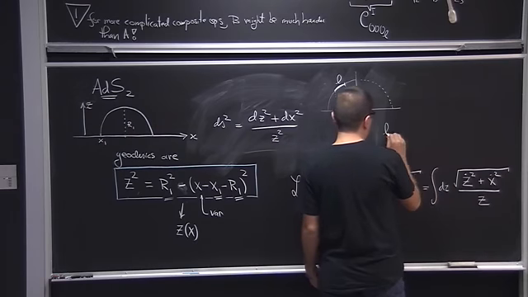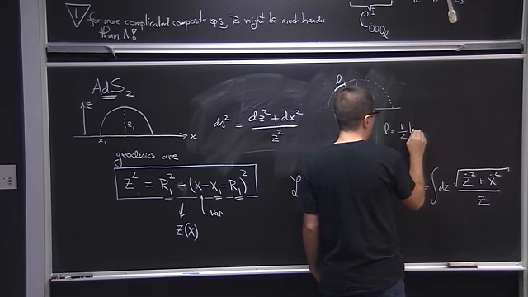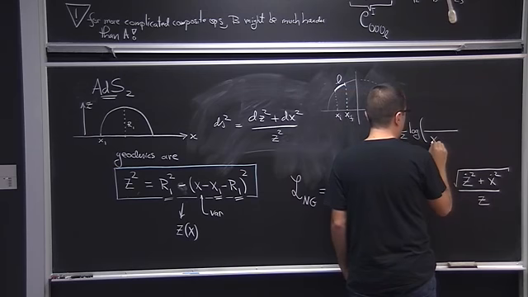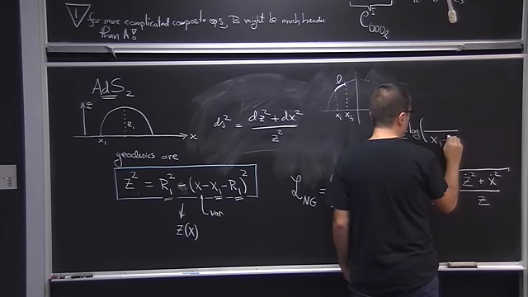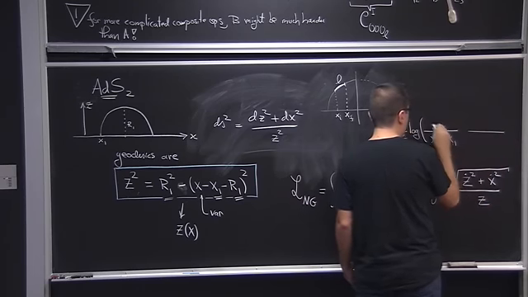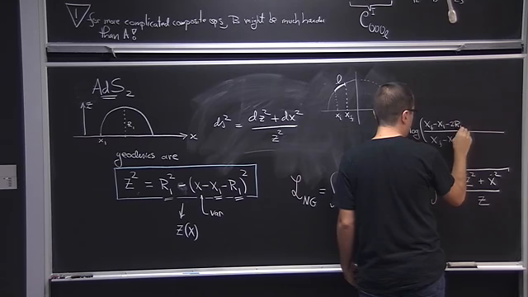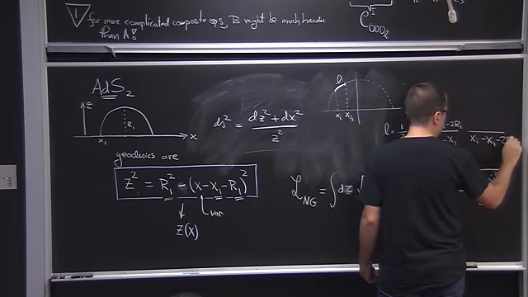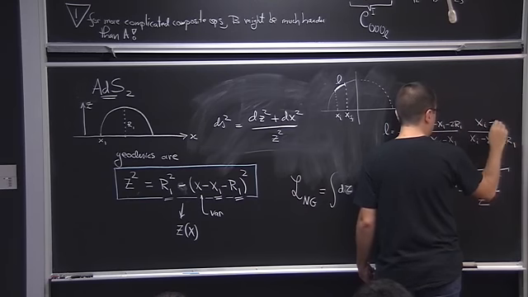So the result, L, is equal to 1/2 of logarithm of x final minus x1, x final minus x1 minus 2r1, x initial minus x1 minus 2r1, x initial minus x1.